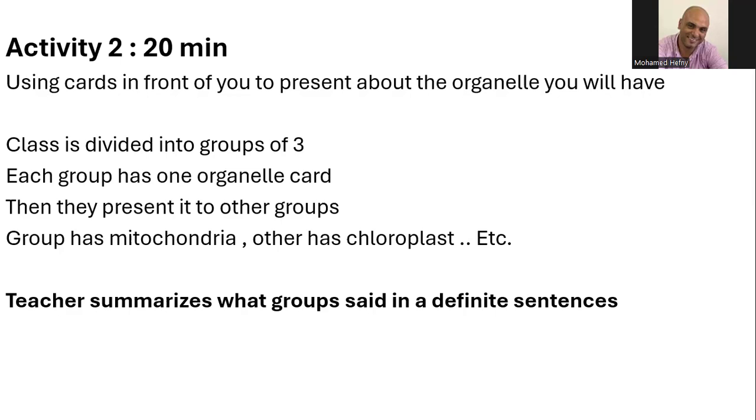A group of 3 students will read and discuss using their book, maybe the internet, to collect information about that. So the class is divided into groups of 3. Each group has one organelle card.